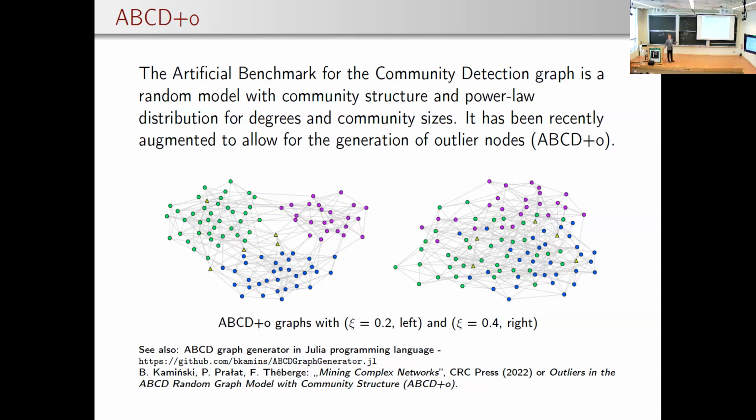Probably the next slide answers your question. I use an ABCDO version of the generator to generate this graph. This is a generator where you can generate ABCD graphs, but you have a part with outliers, and these outliers can also be generated in the graph structure.